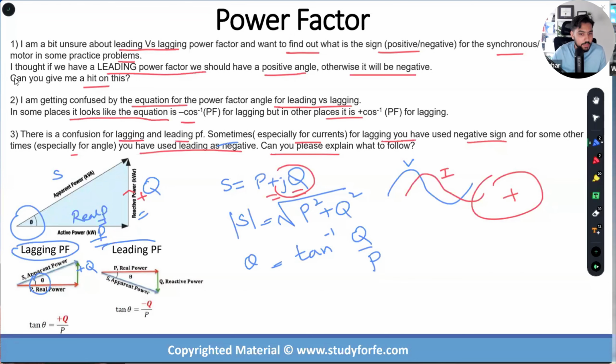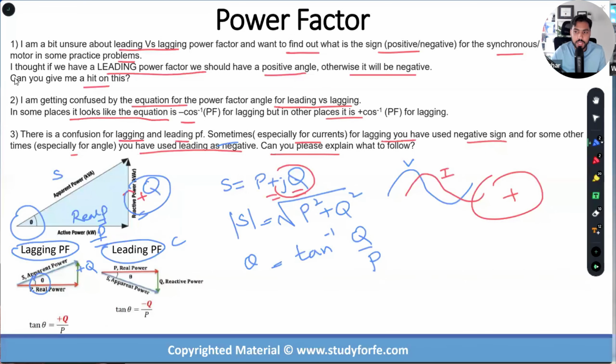When we have leading power factor, think of capacitor. Capacitor is not a sink or a drain for reactive power. It is a source. It is a generator of reactive power.